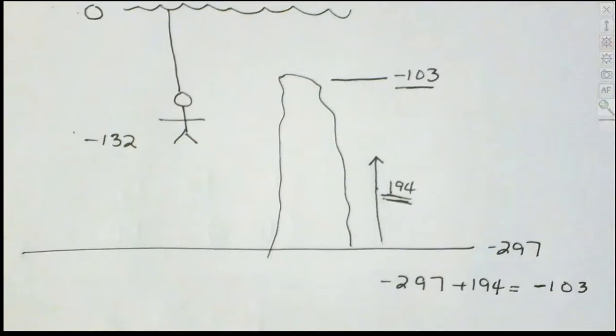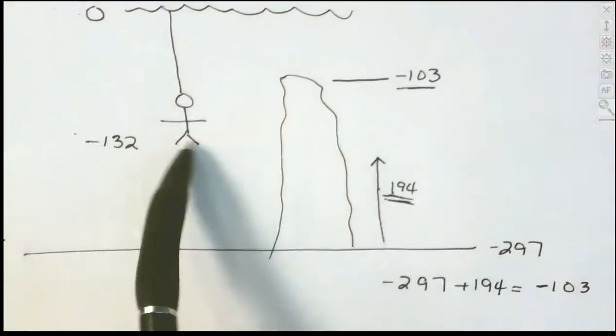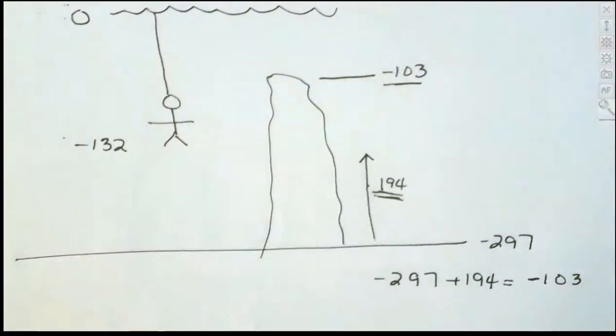Now we just need to figure out our difference. I want to know how many feet below the top of the rock formation is the diver. So I'm going to have to subtract these two. I want to know the difference in height between this diver and this rock. We want to know how many feet lower is the diver.